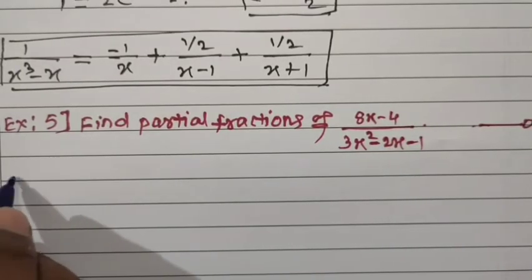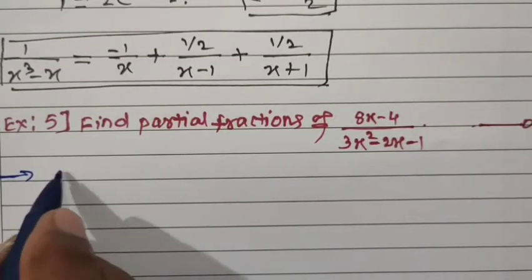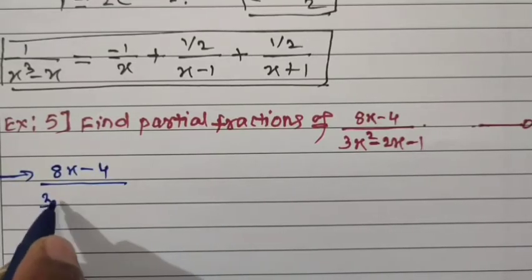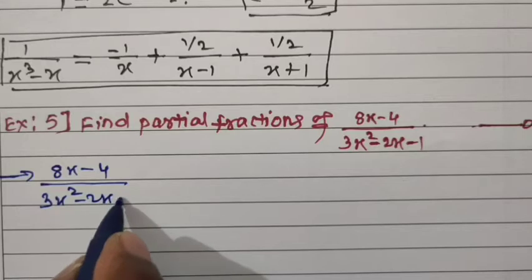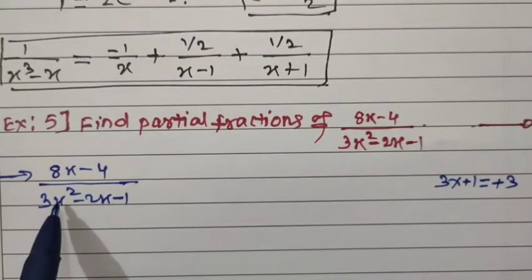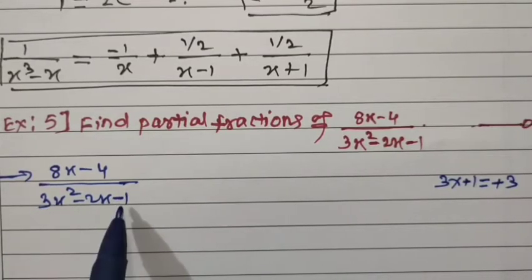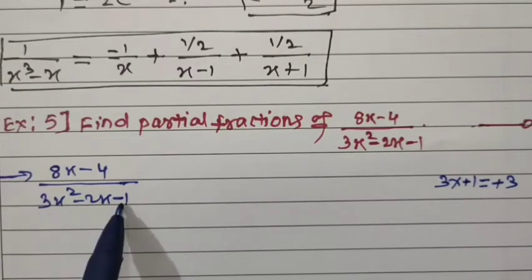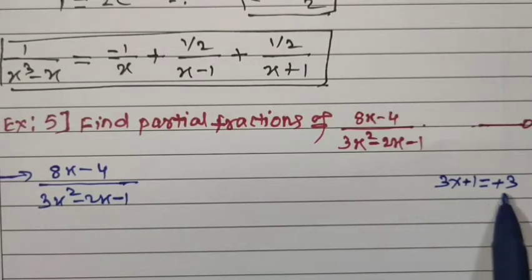So to solve this sum, given rational function, we can write 8x minus 4 divided by 3x square minus 2x minus 1. Coefficient of x square is 3 and constant term is 1. Okay, take multiplication of 3 and 1. 3 into 1 is equal to 3.